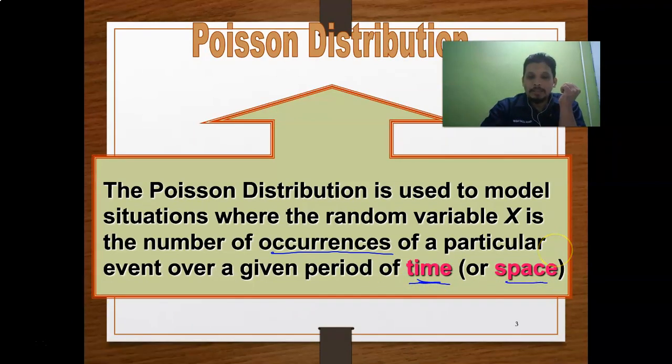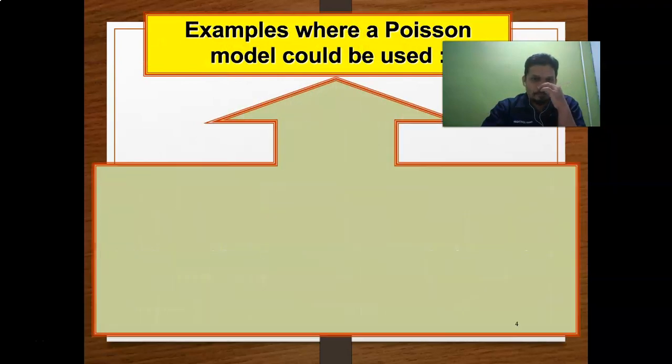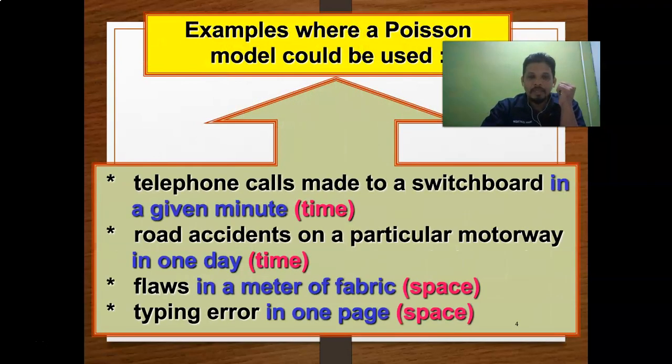Examples: telephone calls made to a switchboard in a given minute, which is related to time; road accidents on a particular motorway in one day; and also flaws in a meter of fabric, which is space.